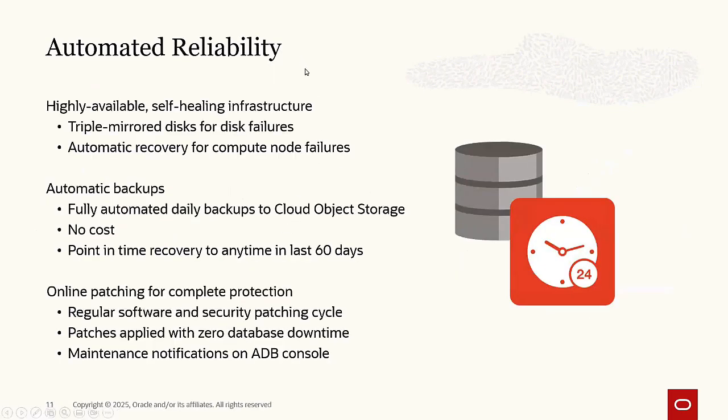So: automated reliability, a highly available self-healing architecture, triple mirrored disks for disk failures. There are no disks, there's just different types of flash. Automatic recovery for compute node failures, automatic backups. We put all that in place for you. Online patching for complete protection.